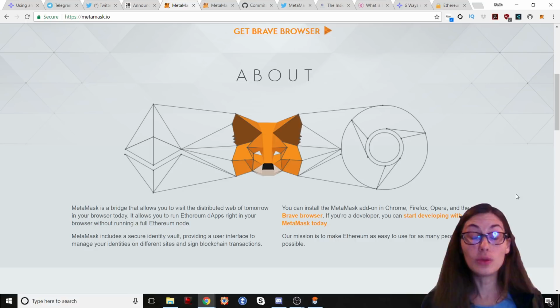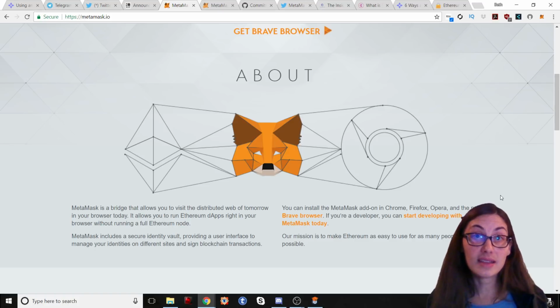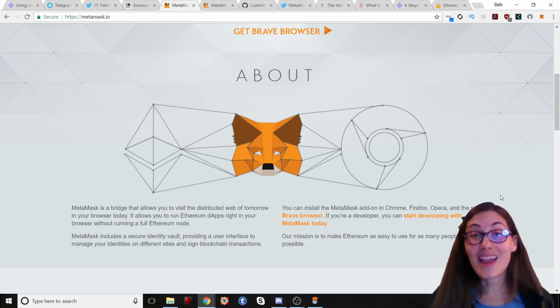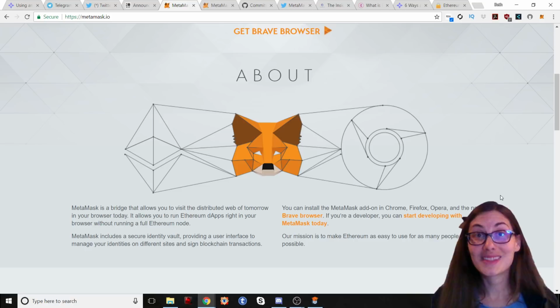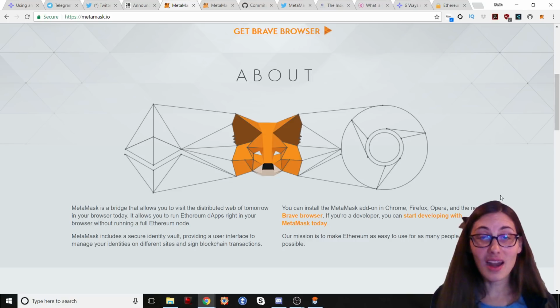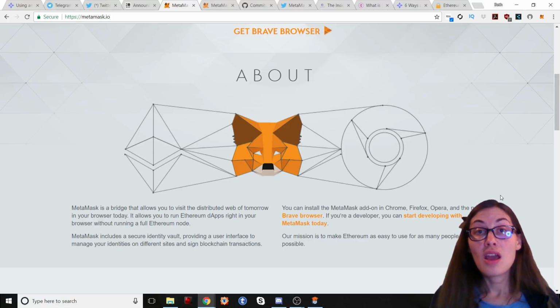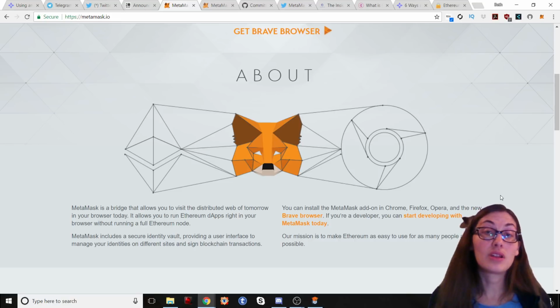So their mission is to make Ethereum as easy to use for as many people as possible. And I do think that the design here is very user-friendly, and it does allow people to switch between the Ethereum mainnet or some Ethereum test nets that are out there. And it allows you to interact with, say, CryptoKitties, which definitely took Ethereum by storm in December and really served as a huge challenge to the scaling of the Ethereum network.